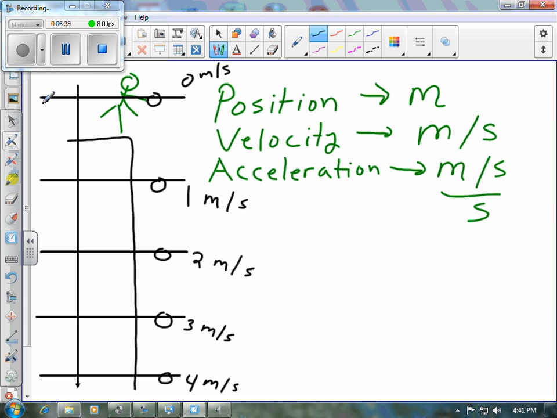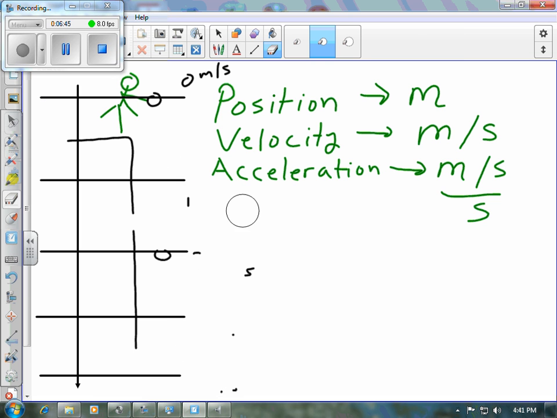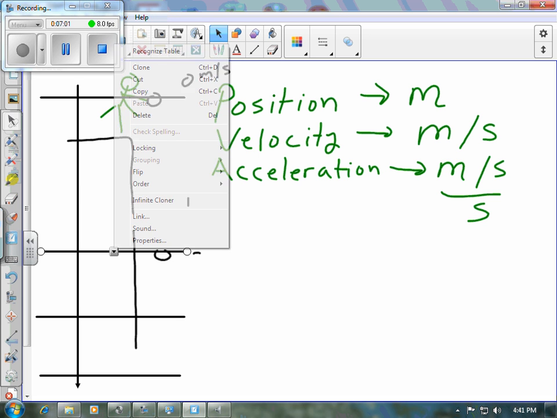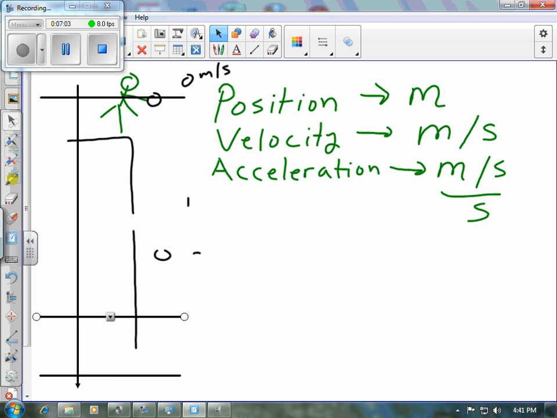All right, and that's okay. I think you're getting the idea though that the velocity is changing over time. I'm just going to simply redraw the way I've done this.